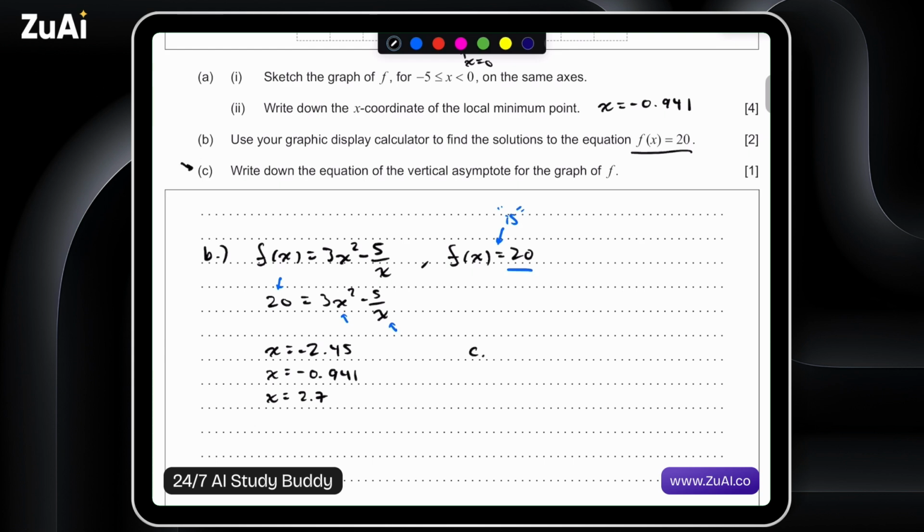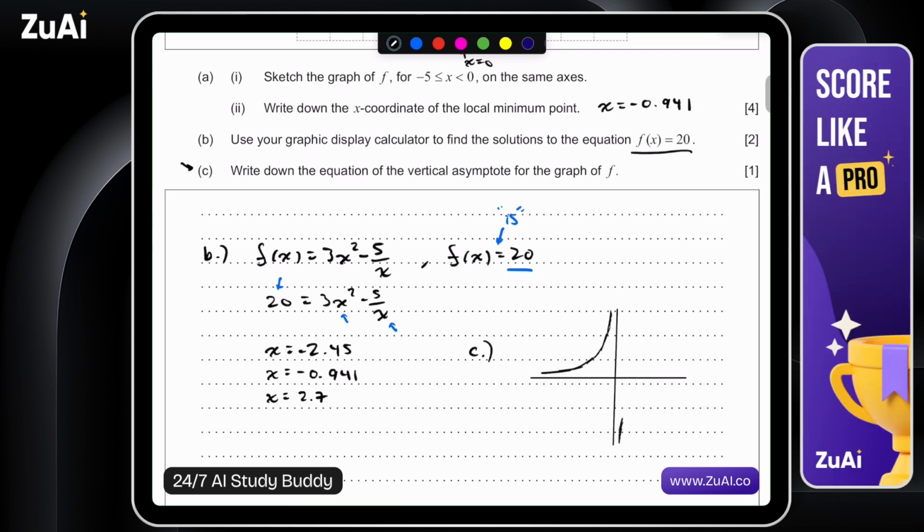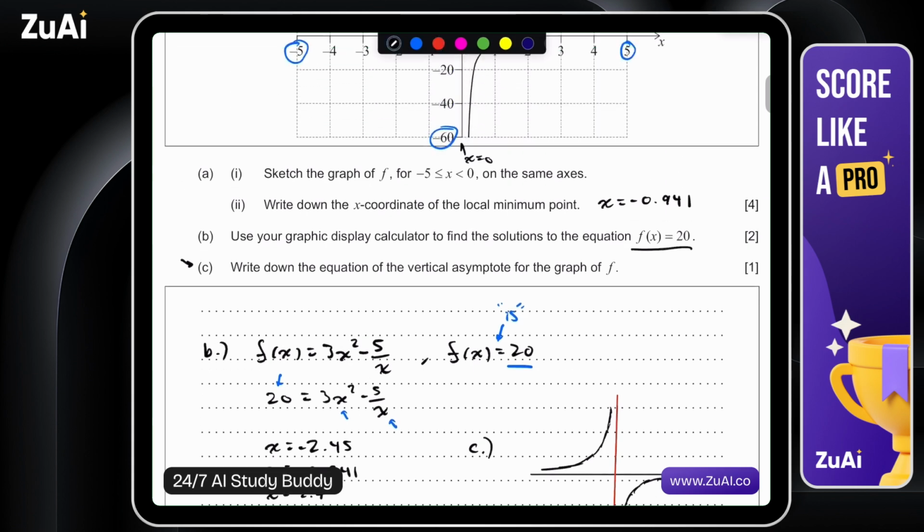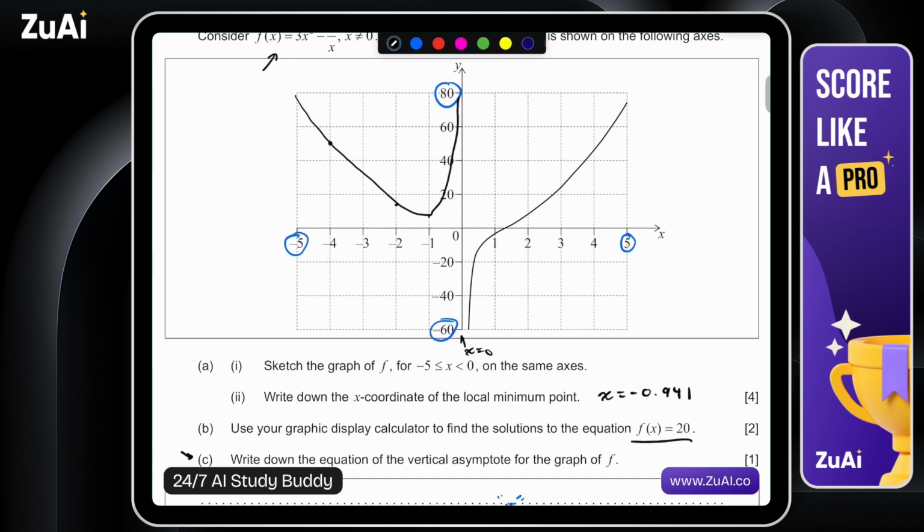So C, remember vertical asymptote. An asymptote essentially is a line that we approach but never reach. So a vertical asymptote in this case, or in all cases really, is a line that you approach but never reach. And this would be your vertical asymptote in this case, the line where x is equal to 0. Here it is, this line that we approach but never reach.